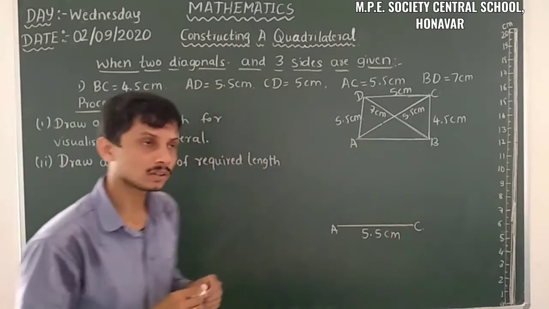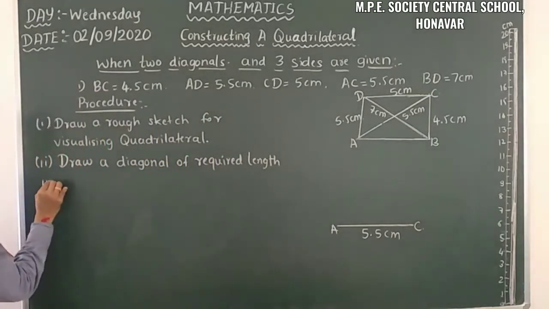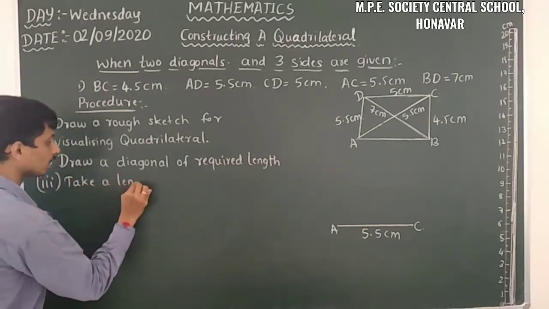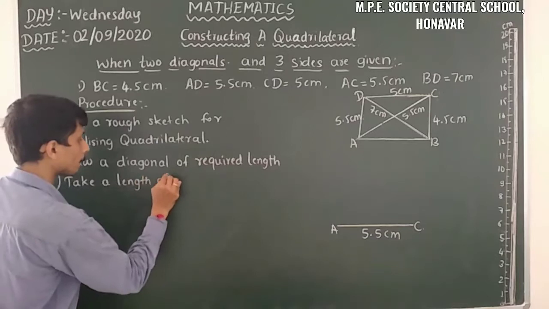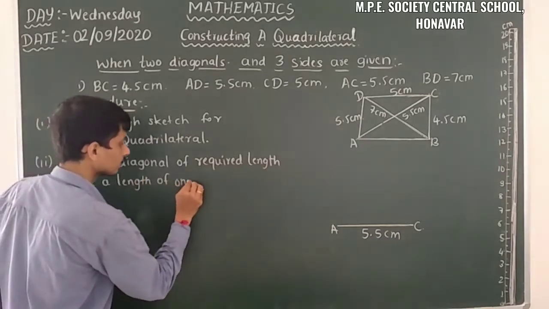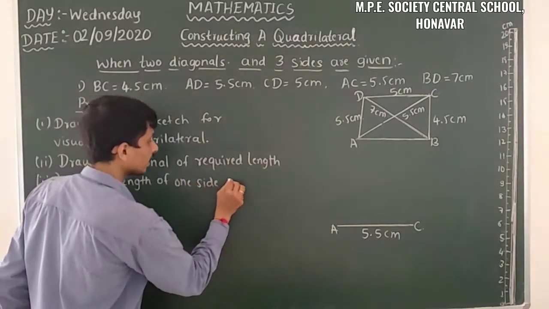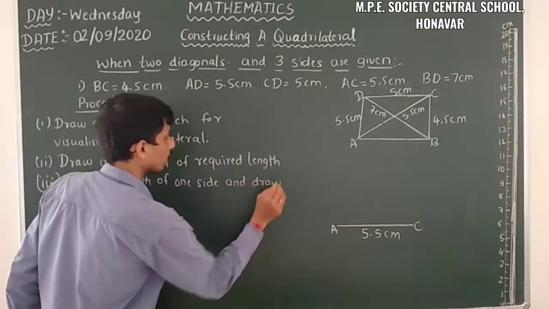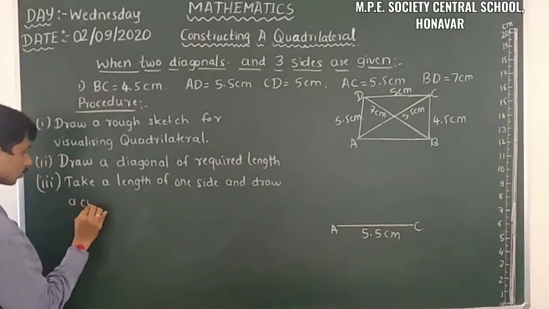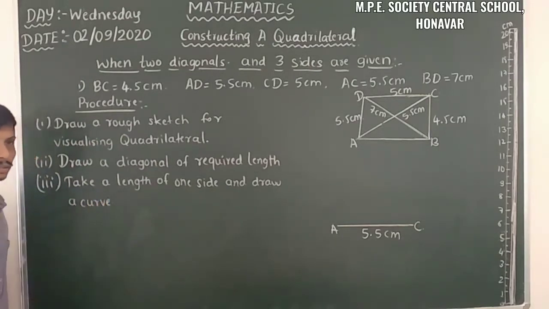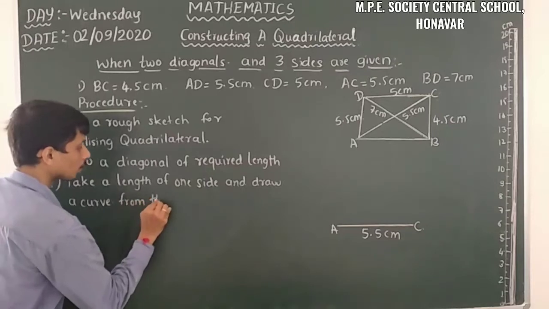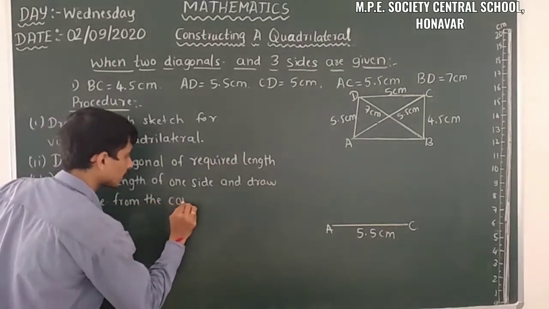Take the length of one side and draw a curve from the compass.